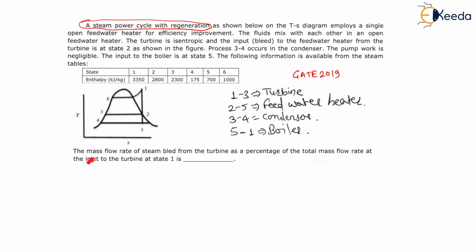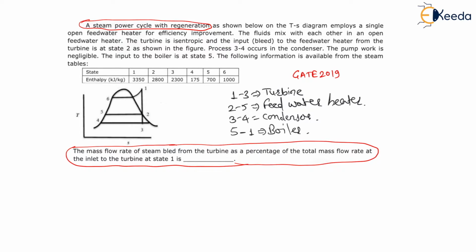Now the mass flow rate of steam bled from the turbine, as a percentage of total mass flow rate at the inlet to the turbine at state 1, is asked. Try to understand the meaning of this statement. If you understand the meaning, then the question is very simple.